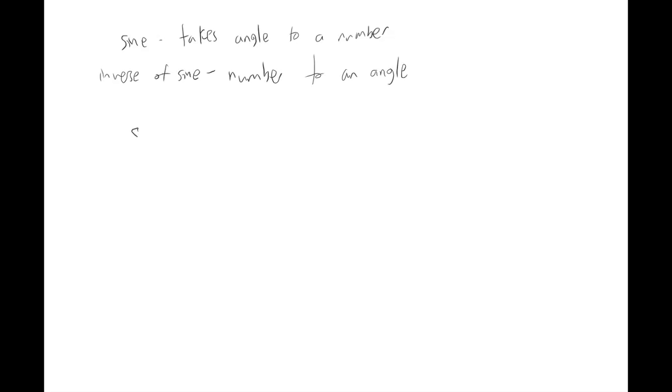So if I put sine inverse of 1, you're asking, it takes in a number and should spit out an angle. This question mark should be an angle. So the question you should ask is, sine of what angle is 1?